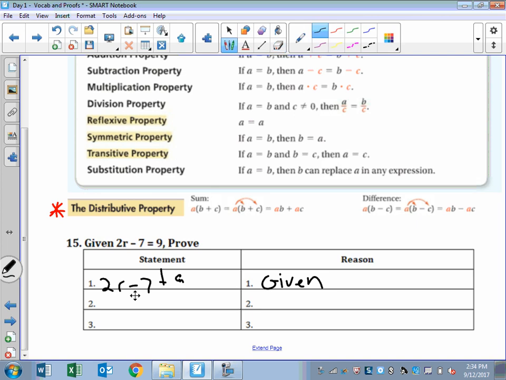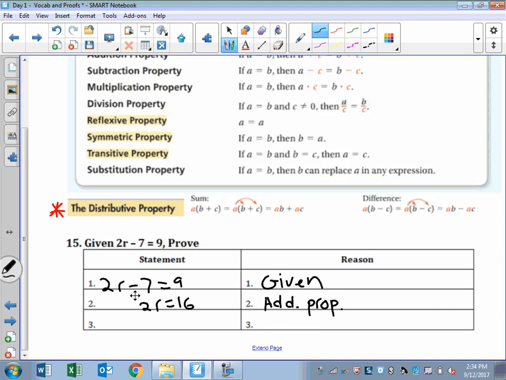I just wanted to show you the step in between. And we did that by adding 7 to both sides, so that's going to be the addition property of equality.